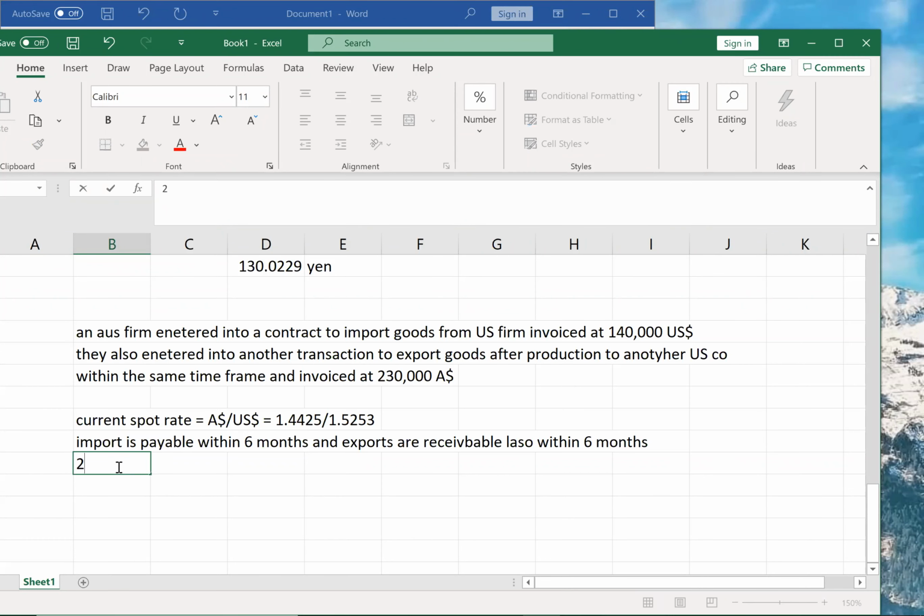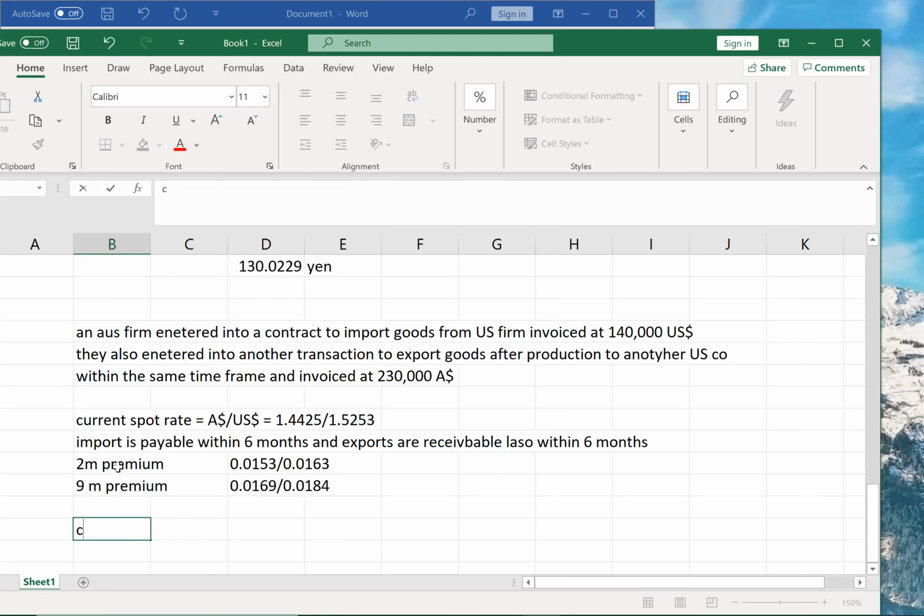A 2 months premium is given as 0.0153 slash 0.0163. And the 8 months or 9 months premium is given as 0.0174, 0.0169 slash 0.0184.